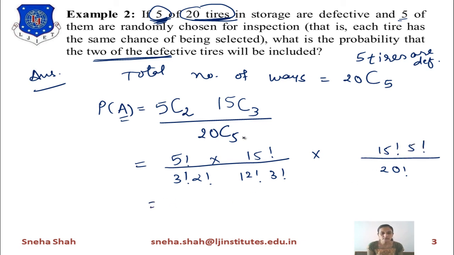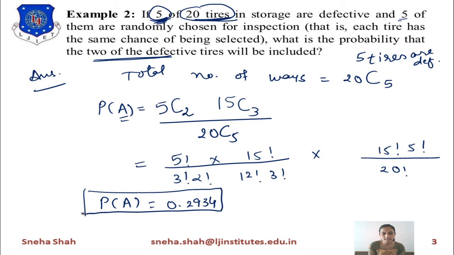Now if we solve this, the answer will be 0.2934. So this is the probability of selecting 2 defective tires from these 20 tires in a storage. So this is your final answer.